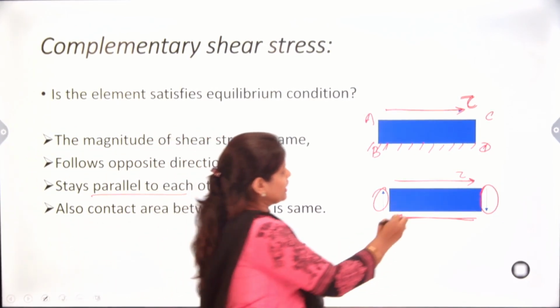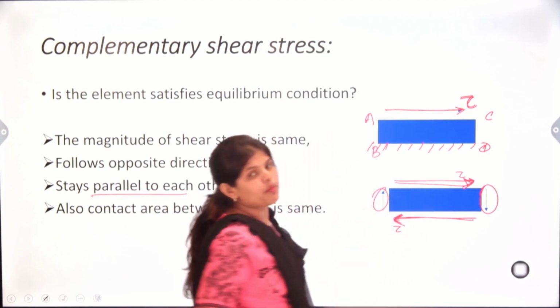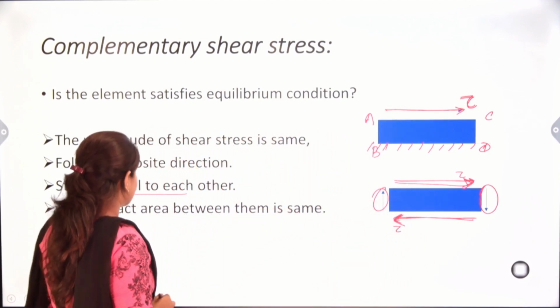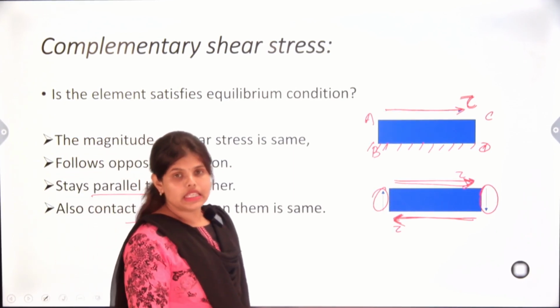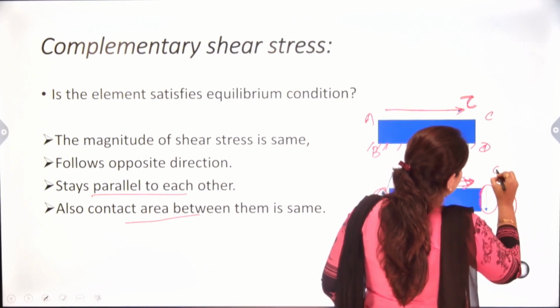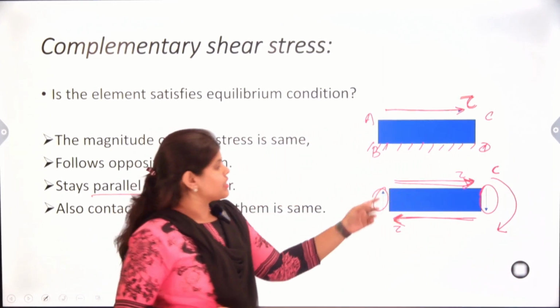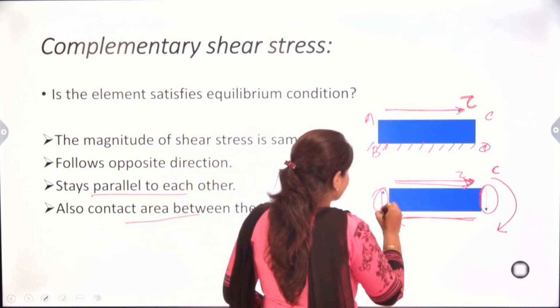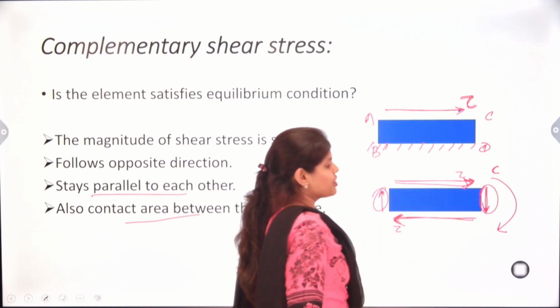We know the shear forces act parallel to the object, and the contact area between them is the same. So what happened? Now they will form one couple here. To counteract this couple, one shear stress will be produced here.